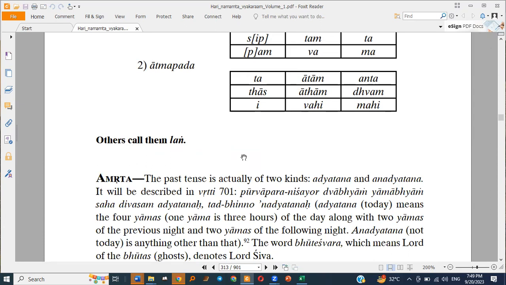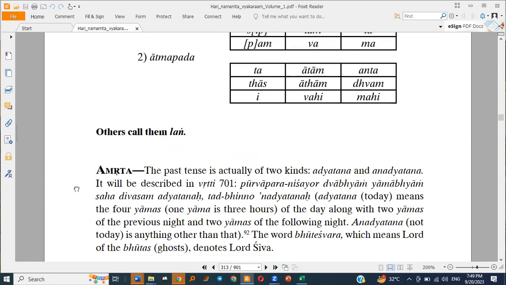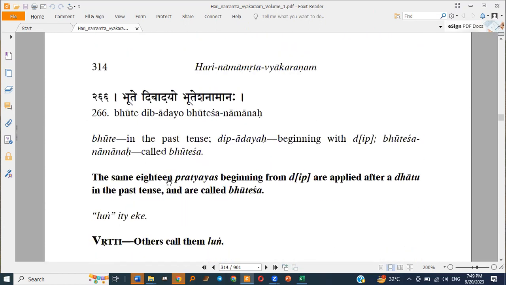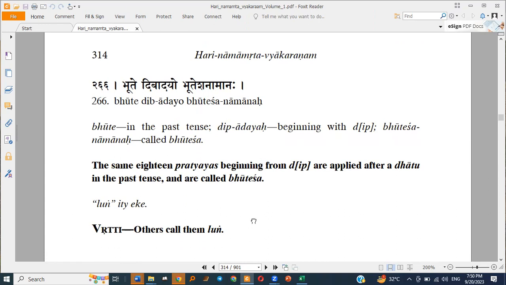So any kriya before that is underlying this section, Bhuteshwara, Anadyatana, not of the same day. Then the next one, there is nothing much to explain here. It's just about memorizing the pratyas here. Nothing too philosophical.